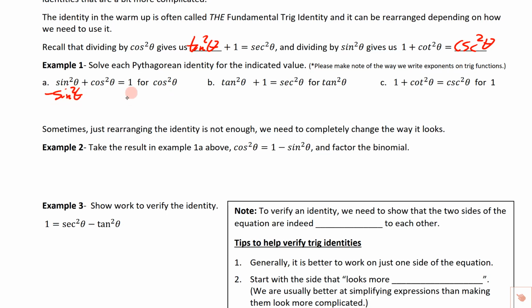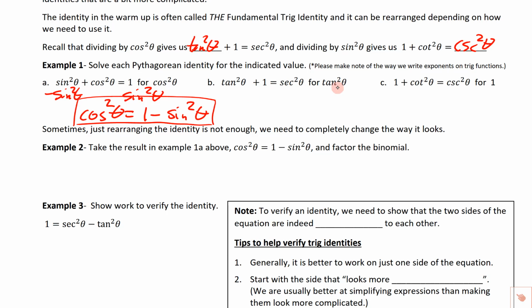Is it a legal algebraic move to subtract the same thing from both sides? Yes. Okay? So the cosine squared could also be equal to 1 minus sine squared theta. So that's another way where you could rearrange that. So if anybody showed you and said, hey, cosine squared equals 1 minus sine squared, oh yeah, that's true. I just moved the sine squared to the other side.